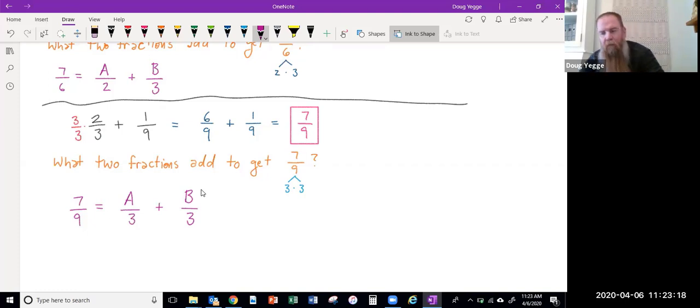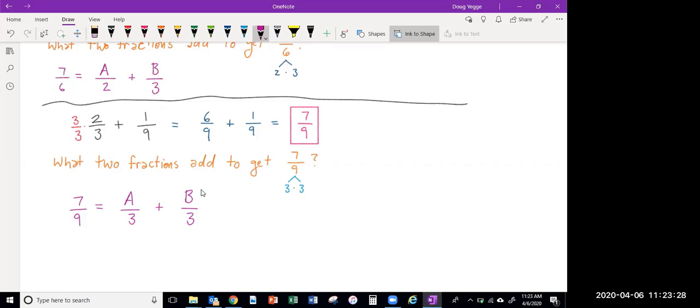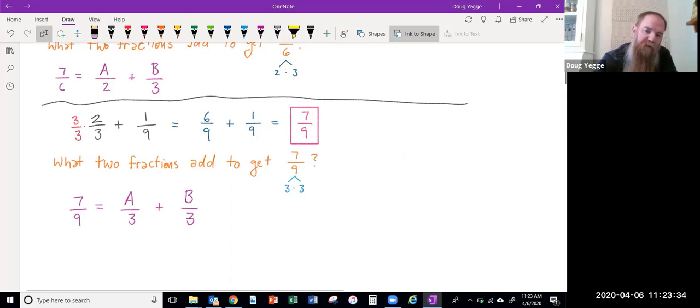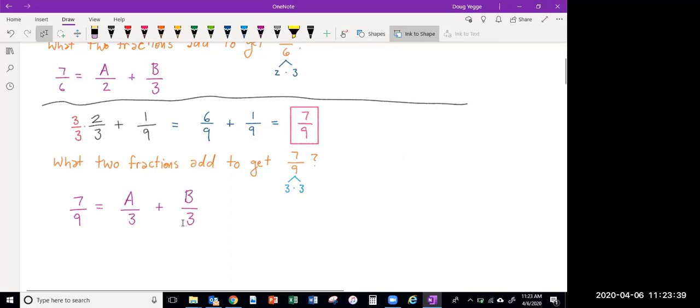Somebody tell me what the problem with that is? You would just get 7/9. Oh, no, never mind. How would I get 7/9 if both of these had a denominator of 3? If they were already denominators of 3, wouldn't that mean you'd have whole numbers in the numerators?